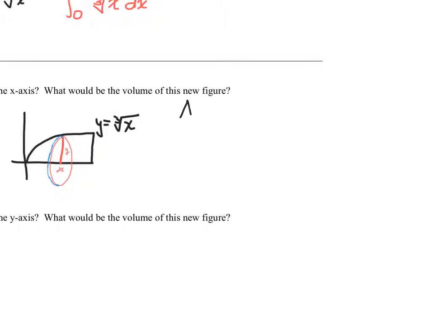The area of the circle, just any circle, would be pi r squared. We know that. What would be the area of this circle? Pi y squared.